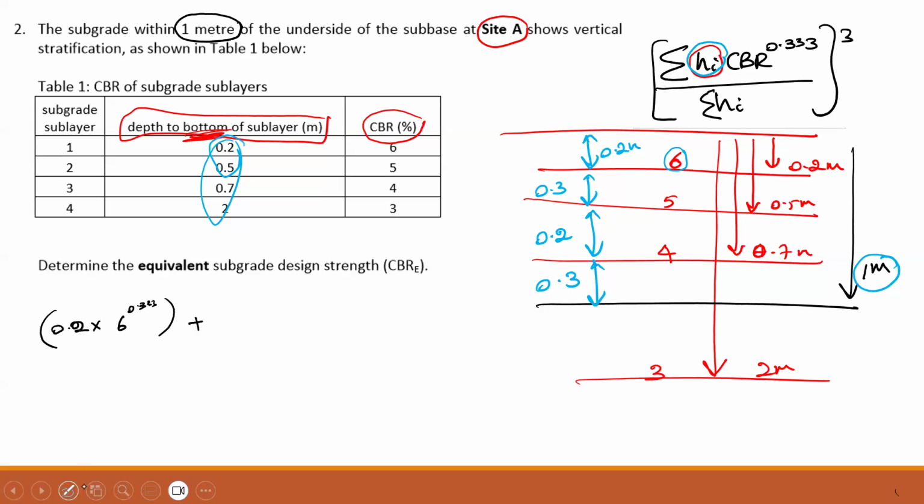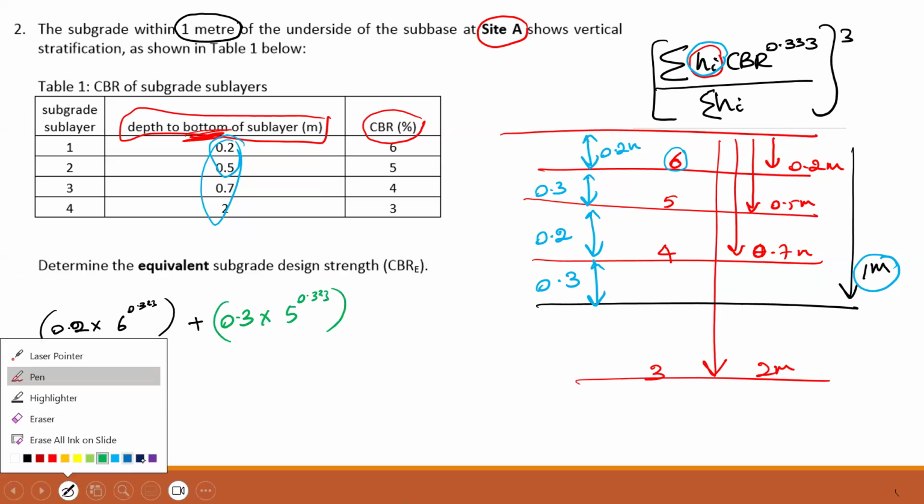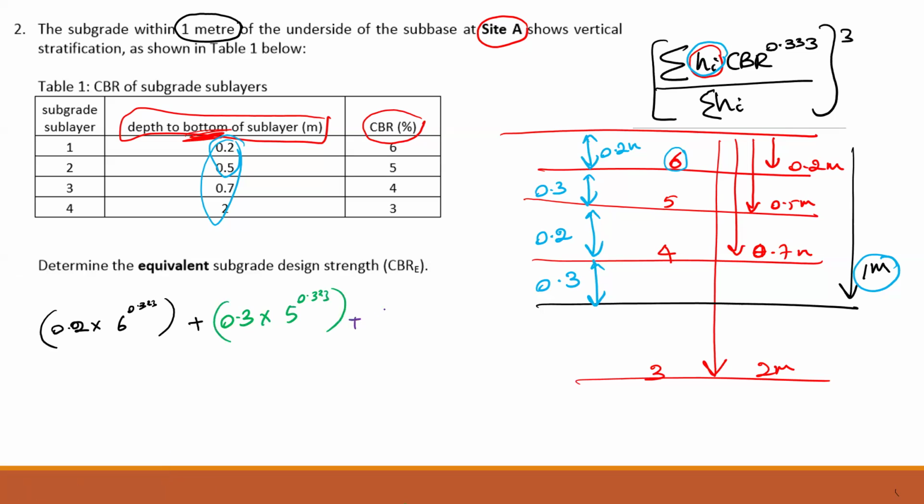Next layer, 0.3 times 5 to the power of 0.333. Next one, 3 to the power of 0.333.